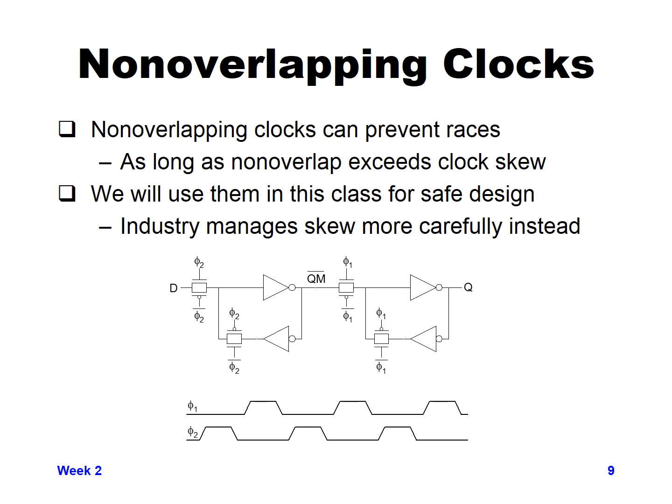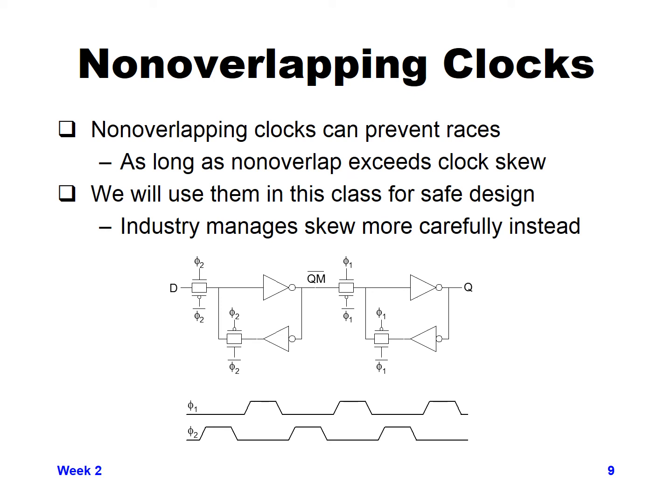As you can see, the timing diagram for a phase 1 and phase 2 clock is shown at the very bottom there, and how you would connect it up to your master slave D flop is shown in the circuit above, where the phase 2 clock goes to the master element and the phase 1 clock goes to the slave.